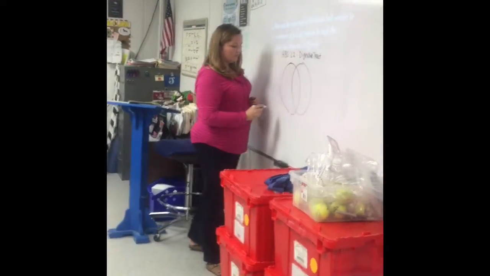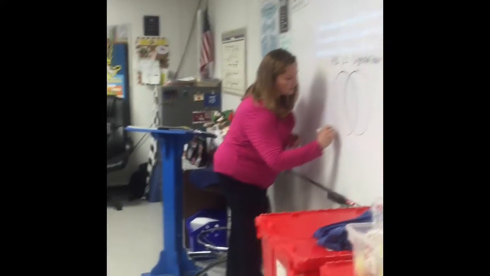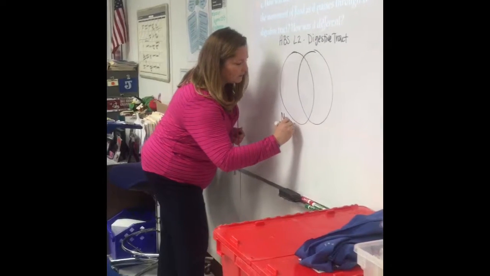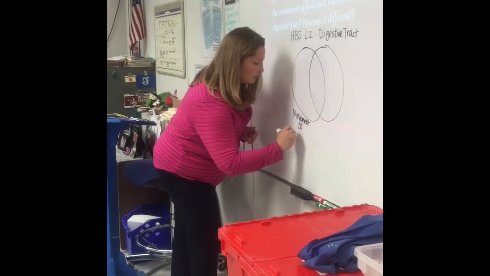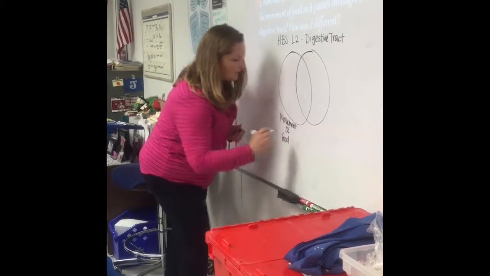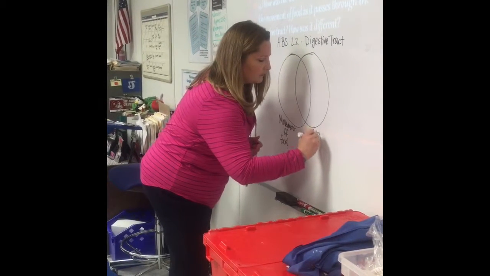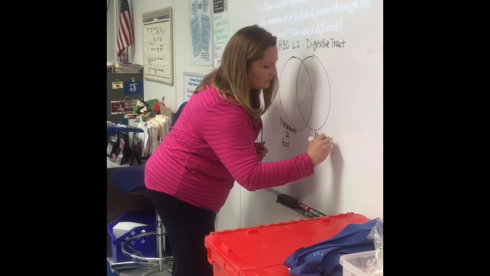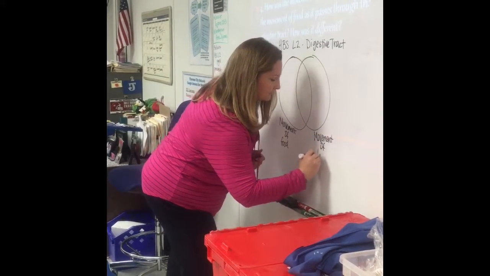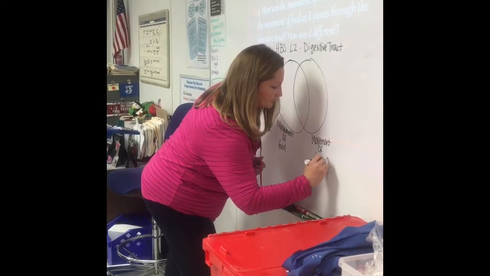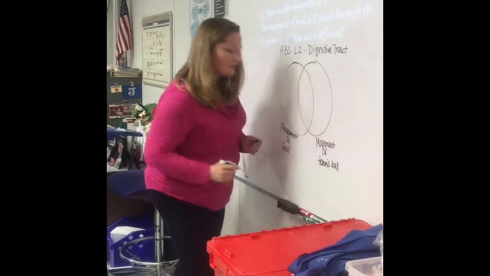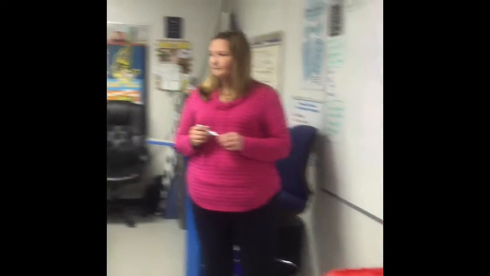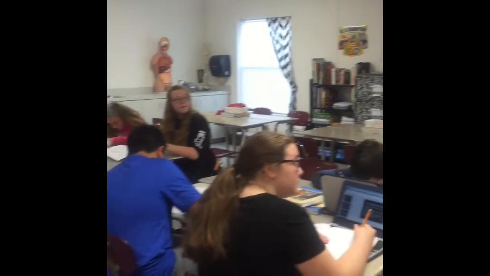And then again, one of the circles is movement of food, and then movement of tennis ball. And remember, where they interlock, that is where we put what? How they're the same. How they're the same.